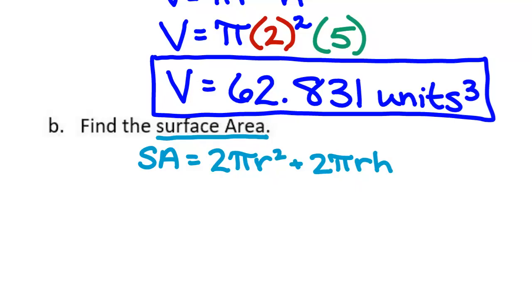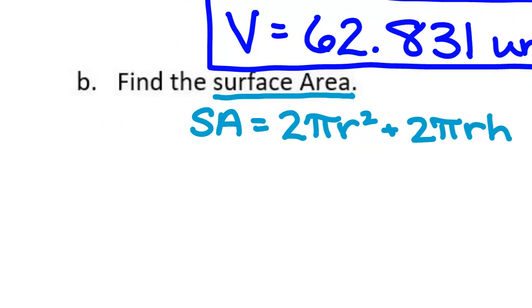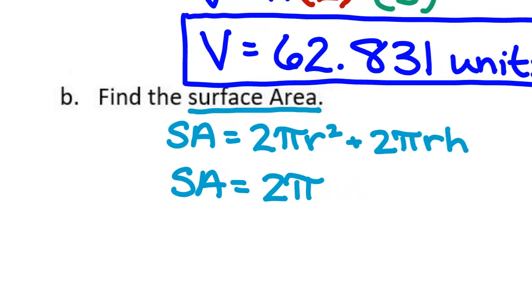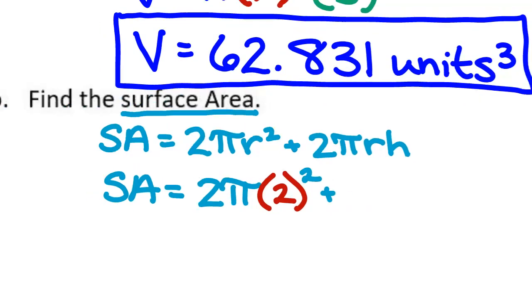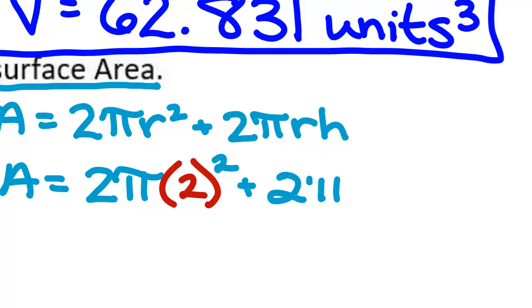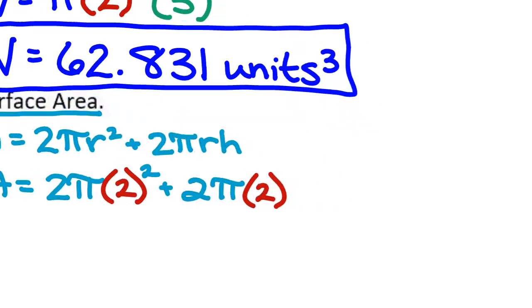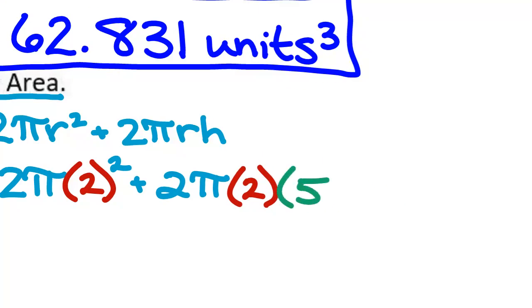All right, let's do surface area now. For surface area, we have 2 pi r squared. So 2 pi times a radius of 2 squared, plus 2 pi times my radius of 2 times my height of 5.